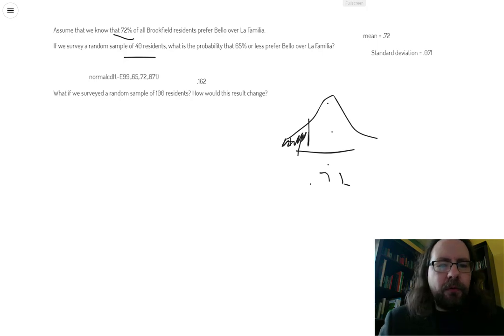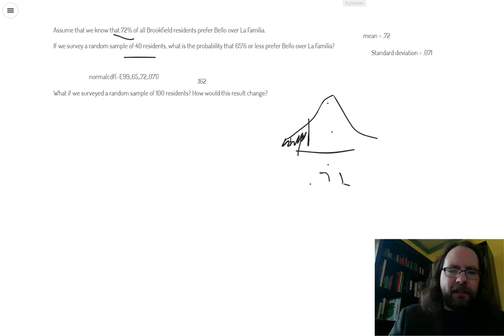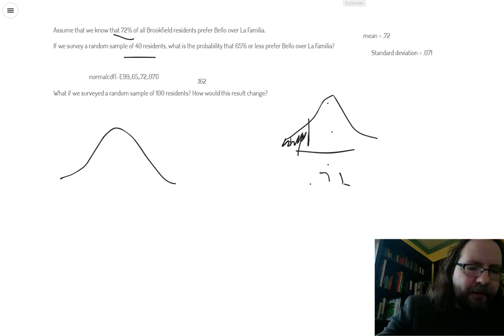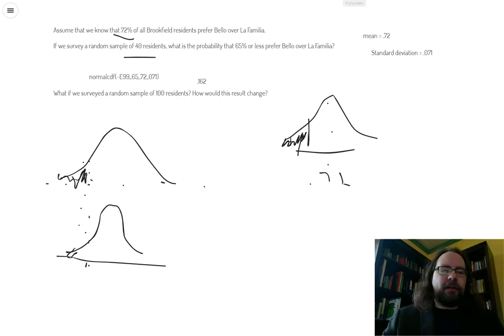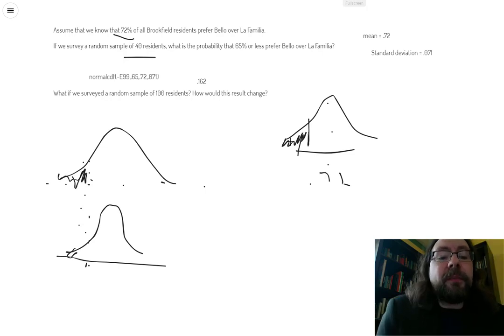So I would imagine our curve would go from that to something closer, so that 0.65 is probably going to represent a much smaller area on this new curve than it did on the previous curve. In other words, the probability should go down.